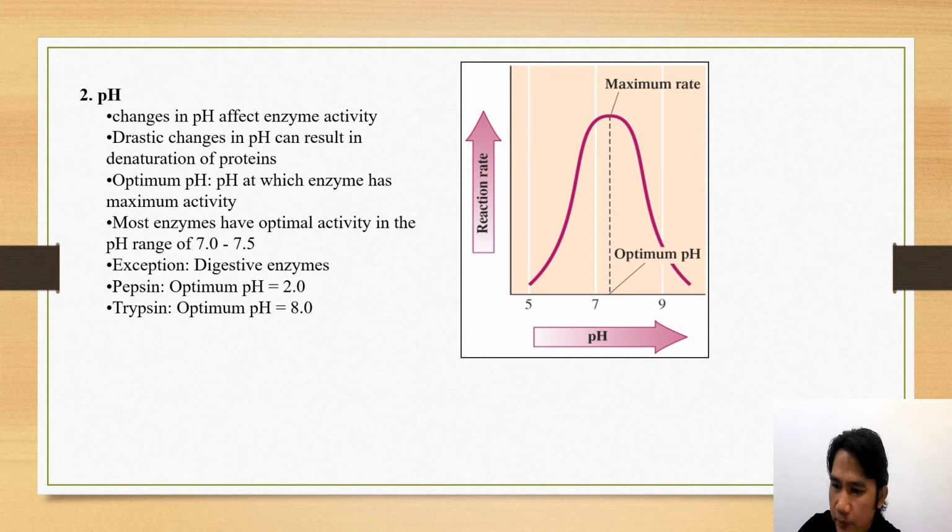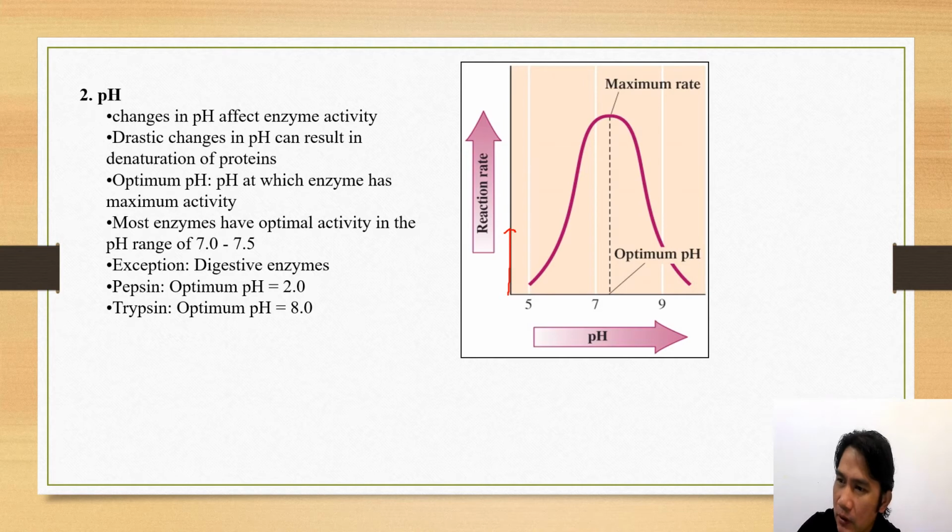As the graph shows, as the pH increases to its optimum pH, the reaction rate also increases until it reaches the maximum, or the optimum, pH value.